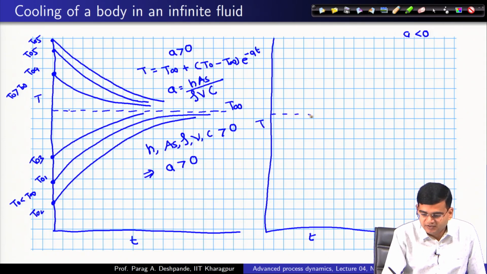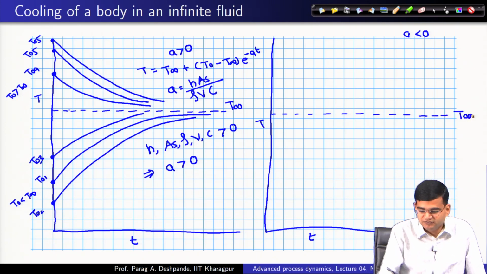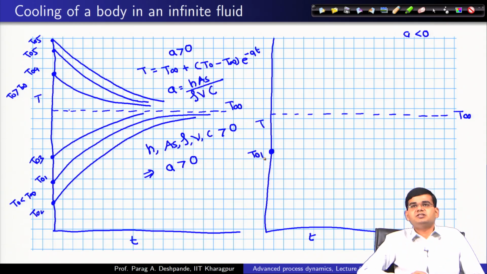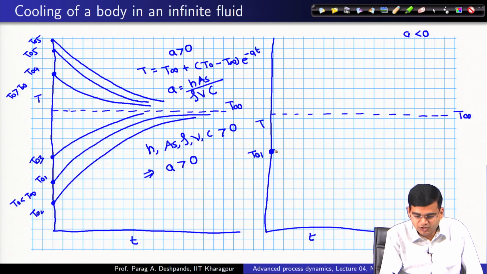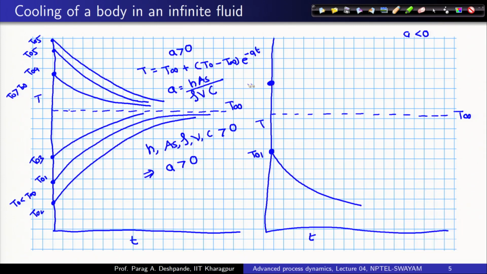Well, you will have again the same equilibrium solution T infinity. So, if you start with T 0 1, what is going to happen? You will not reach here, in fact, you will go down, and for T 0 2, which is greater than T infinity, you would rise here.